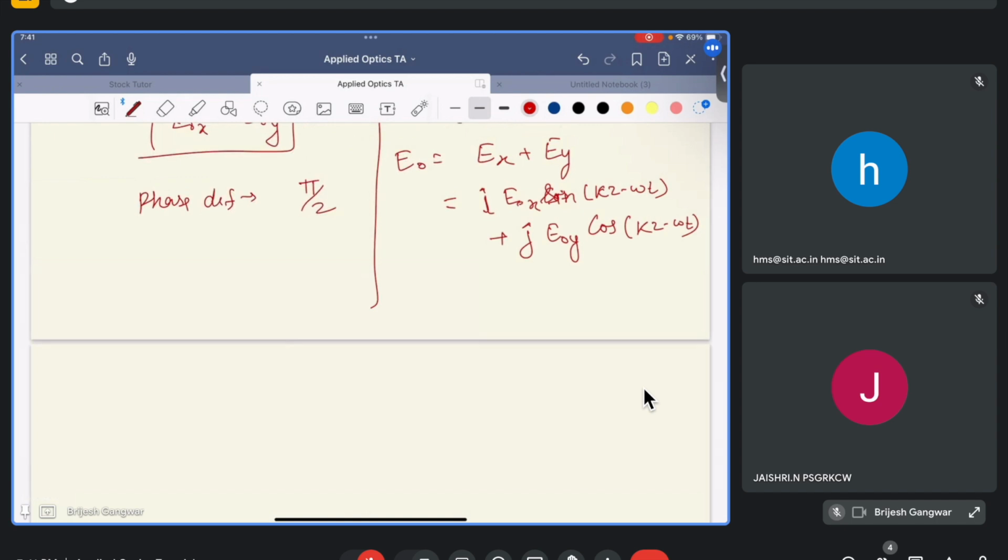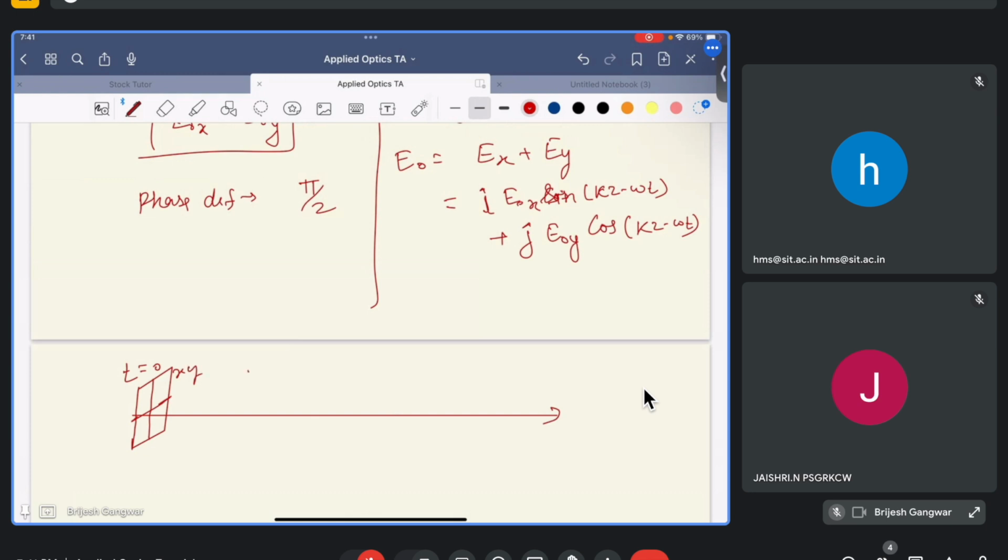Now consider it is traveling in this direction. At t equal to 0, the wave is somewhere here. There is some plane, and this is your x and y.